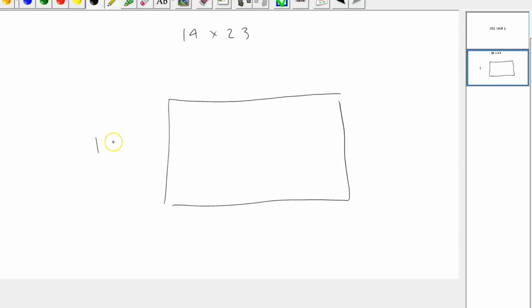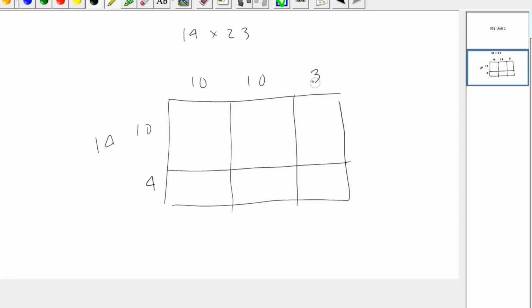Okay, so if this is 14, we have a 10 and a 4. Then this is 23. This would be 10, 10, and 3. Notice these two 10s from the picture, it probably looks better. This would be 100. This would be 100. This is 3 and 10, so this is actually 3 rods, or 30.